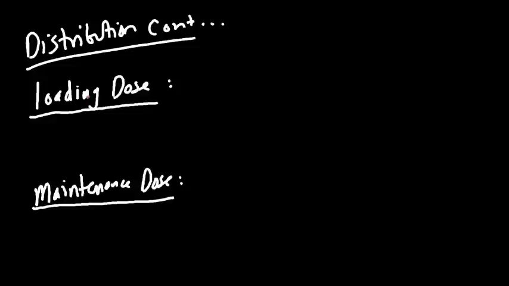Well, let's say you're dealing with a new patient that has never had drug Z before. Okay, so they have no drug Z in their system. Our goal is to try and load their system up with drug Z and to try and get it to our target concentration.